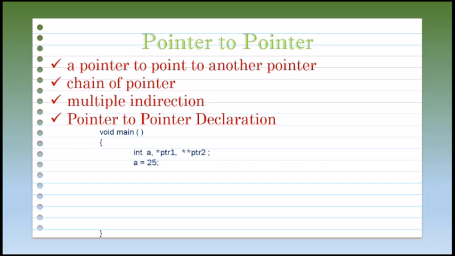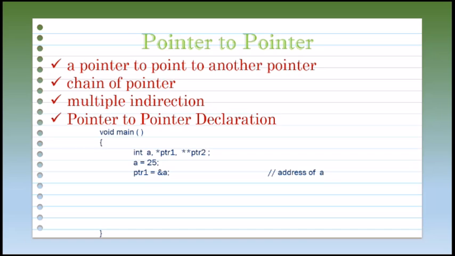Next we have initialized variable a to 25. In this line we are initializing ptr1, the pointer variable, with the address of variable a.